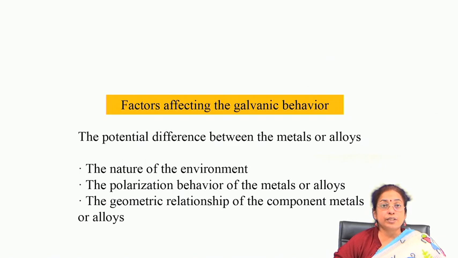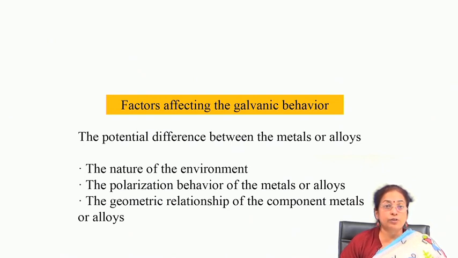Now, the factors which influence galvanic behavior are ample. For example, the potential difference between metals and alloys, that is, how they are placed in the galvanic series. The second important part is the kind of environment the component is exposed to, because depending on the environment, the chemical reactivity of different metals changes.